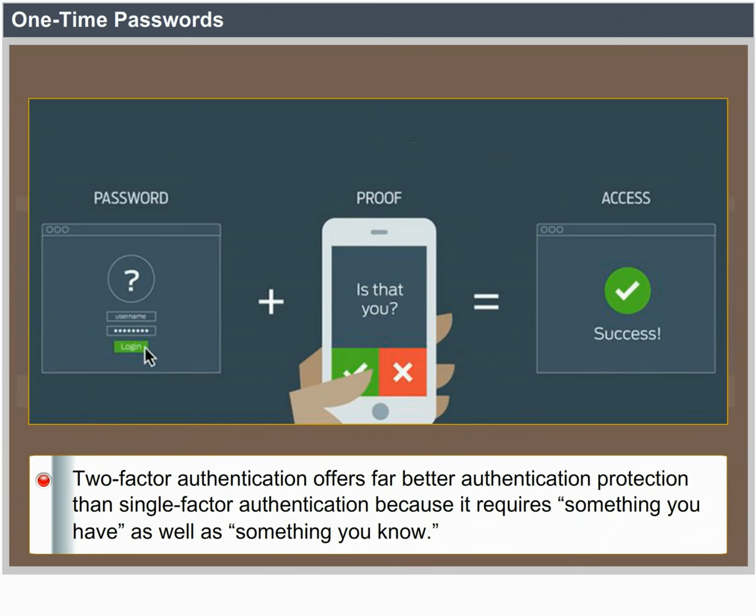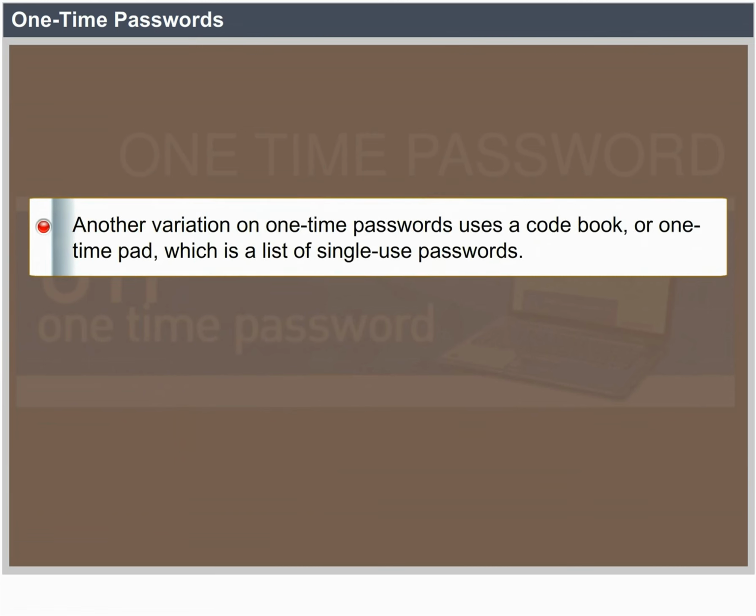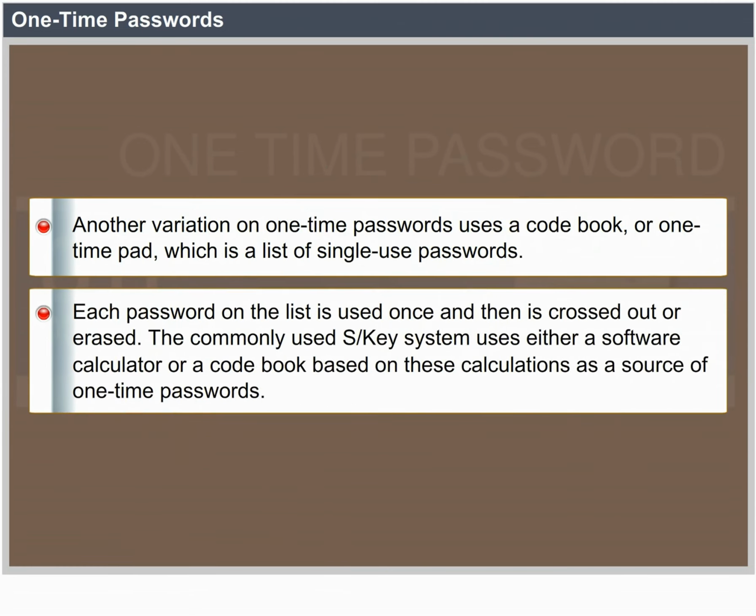Another variation on one-time passwords uses a code book or one-time pad, which is a list of single-use passwords. Each password on the list is used once and then is crossed out or erased. The commonly used S-key system uses either software, calculator, or a code book based on these calculations as a source of one-time passwords.